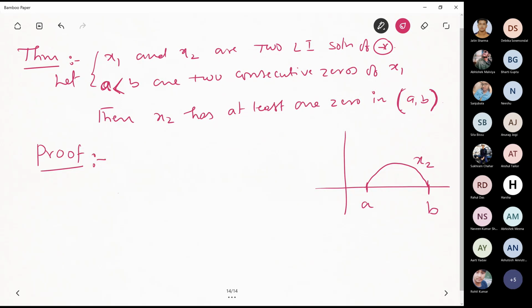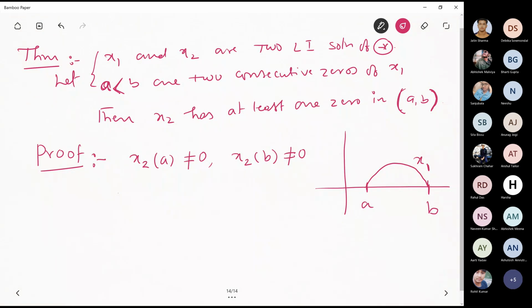First, to see that, this is x1, with two consecutive zeros of x1. We know that x2 at the point a is non-zero, and x2 at the point b is non-zero. Why is that? If there are two linearly independent solutions, we know that the Wronskian is either completely zero or never zero.